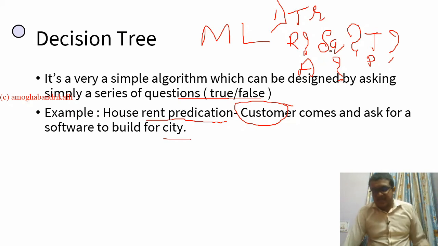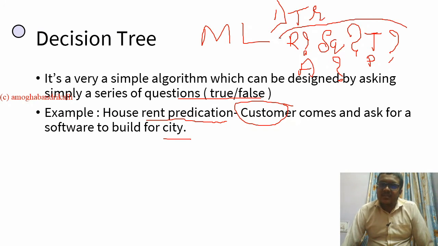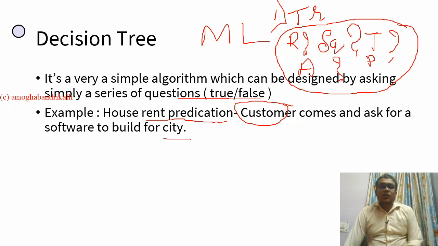Like this they set the respective prices. To study all those things, you need to consult one of our experts who will tell you how the house rent is fixed.